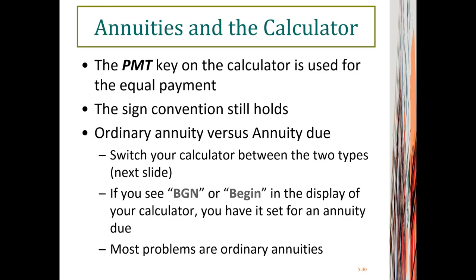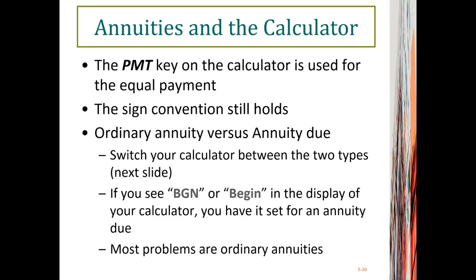The mode of the calculator simply specifies when cash flow occurs. There are two modes on your calculator. The first one is the default mode, which is the end mode, which means that cash flow occurs at the end of each time period.